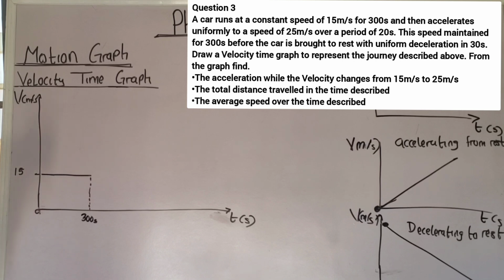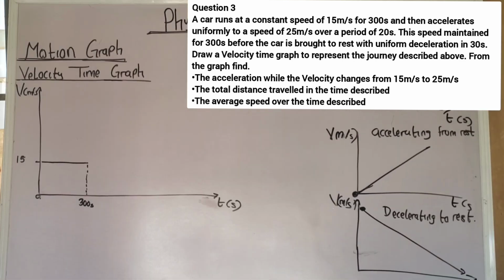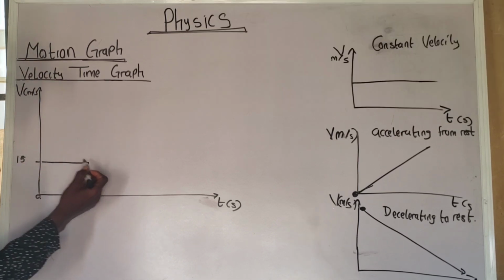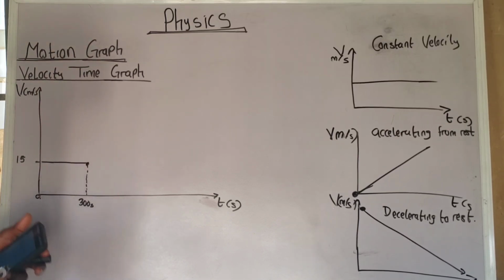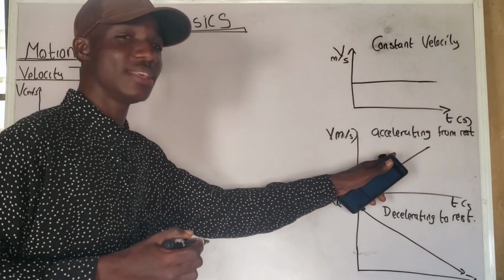And then it accelerates uniformly to a speed of 25 meters per second over a period of 20 seconds. Having undergone a constant speed of 15 meters per second for 300 seconds, the car now accelerates uniformly to a speed of 25 meters per second. From this point, it accelerates. I told you in our previous class that when a car accelerates, the graph looks like this.